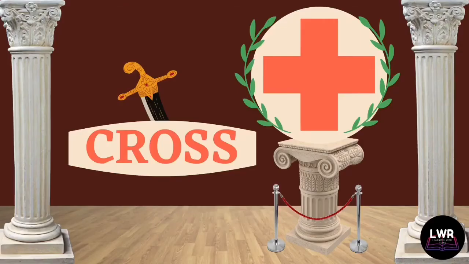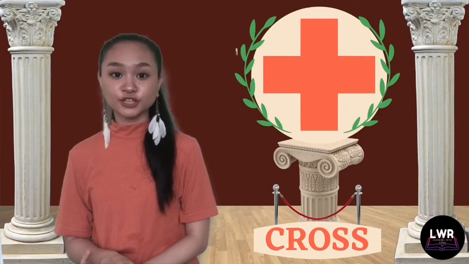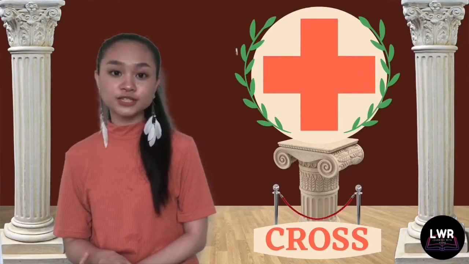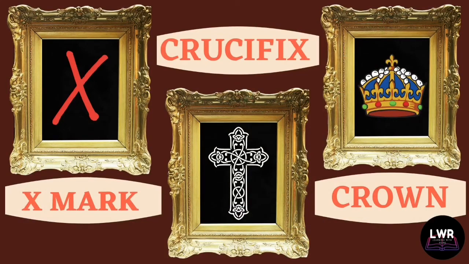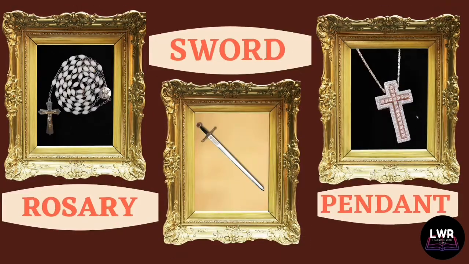A cross. It is a figure consisting of two intersecting lines or bars. These are the examples: an X mark, crucifix, and the design on top of this crown. We also have the cross in the rosary, sword, and a pendant in the list of examples.